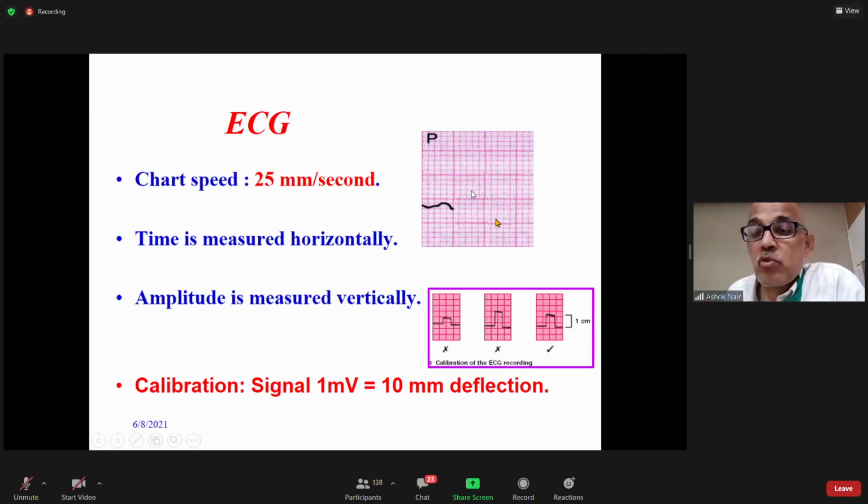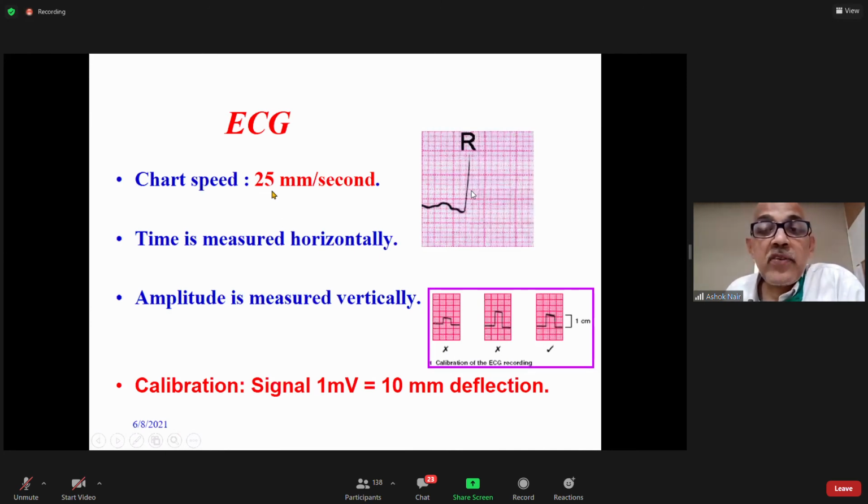These are 1 millimeter squares. This movement is 10 millimeters. Smaller squares are 1 millimeter squares, the large squares are 5 millimeter squares, and this large block is 10 millimeter squares.